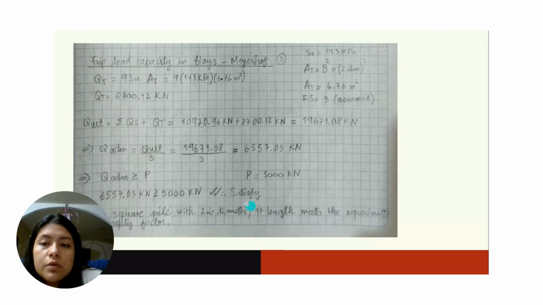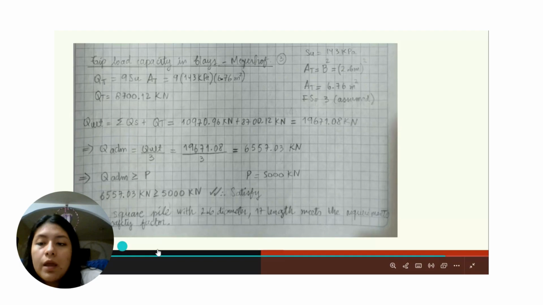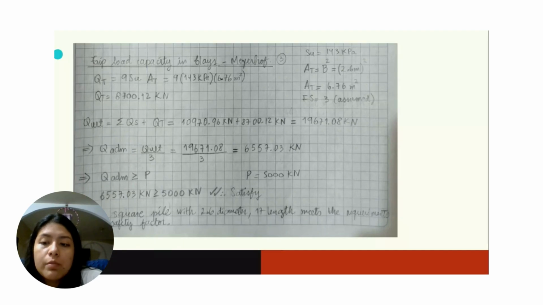The Q admissible is more than the load of 5,000 kilonewtons, and satisfies the criteria, which means the square pile with 2.6 width and 17 meters length meets the requirement of the safety factor. Thank you.